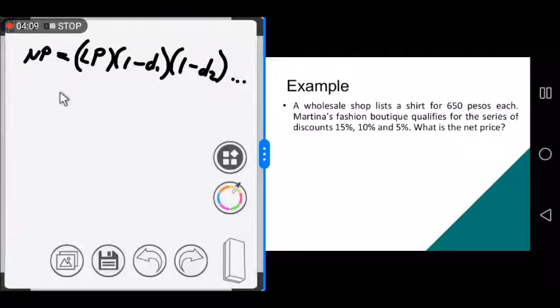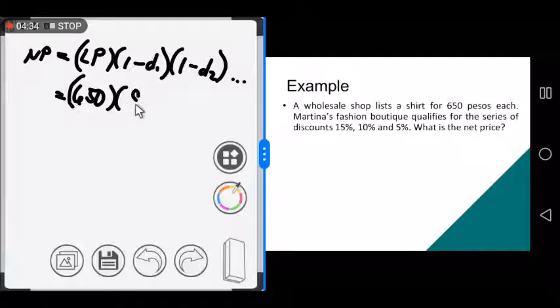So, let us substitute the values. Ang given natin dito, 650 pesos ang kanyang list price. So, lagay natin 650 pesos. Then, ang una dyan ay 15%. So, the complement for 15%, 100% minus 15, is 85.